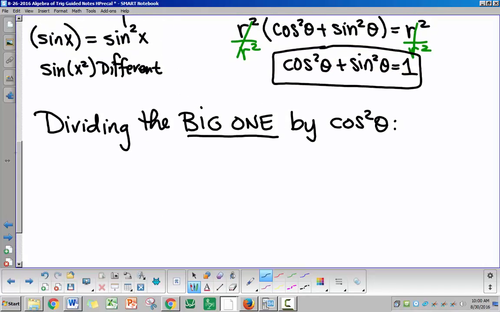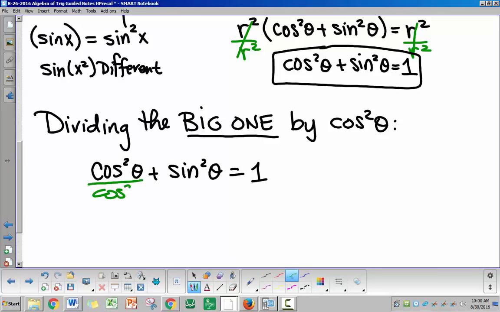So we'll take the big equation, cosine squared theta plus sine squared theta equals 1, and we're going to divide it by cosine squared theta.